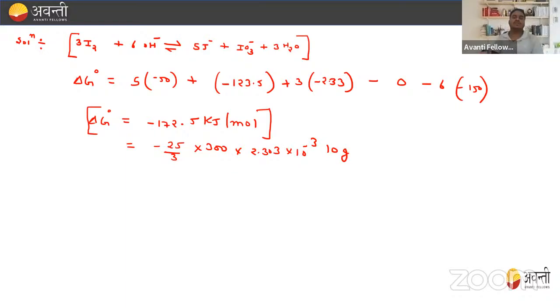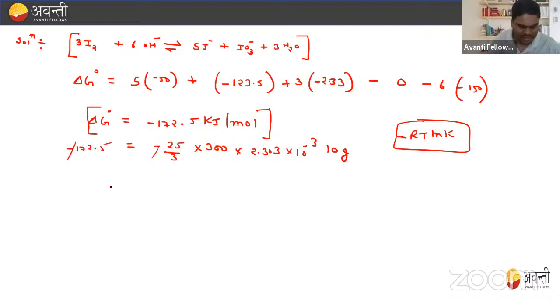Delta G is equal to minus RT ln K, so we can use this formula. For converting ln into log, we multiply by 2.303, right? So from here, we know the delta G, which is nothing but 172.5.